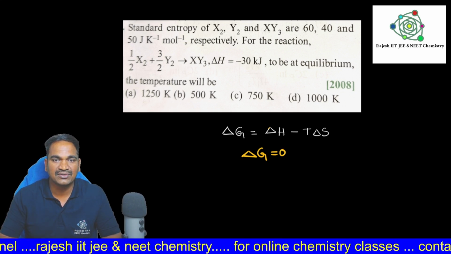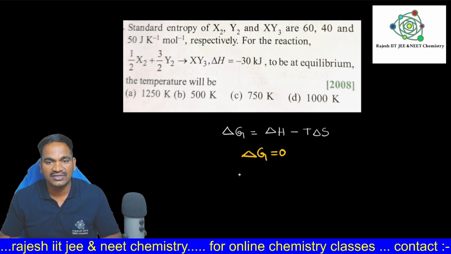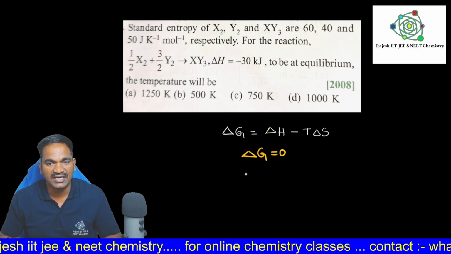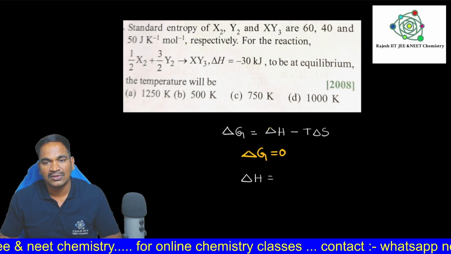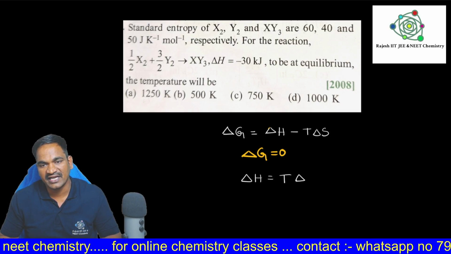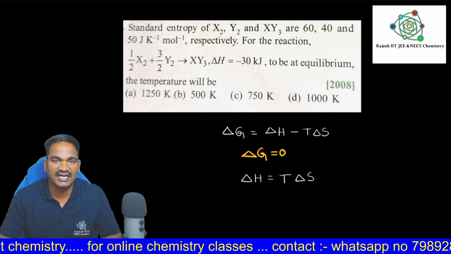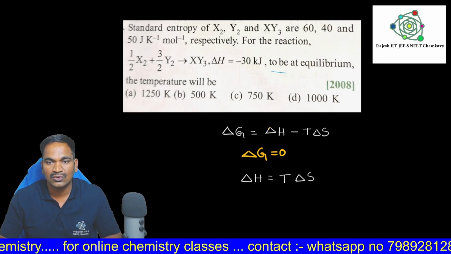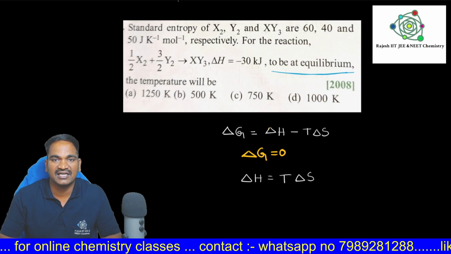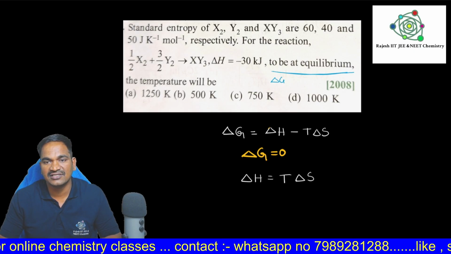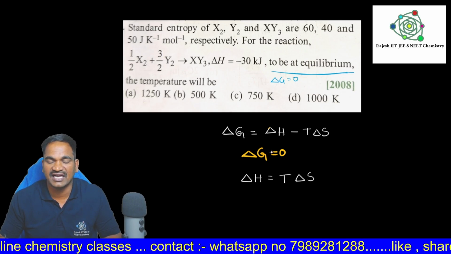Okay, so substitute delta G as 0. Therefore delta H is equal to T delta S we can write. Because they said to be at equilibrium, delta G should be taken as 0. That's what I have taken.